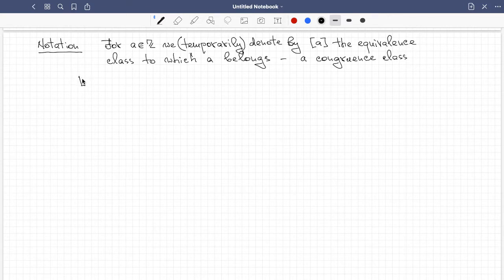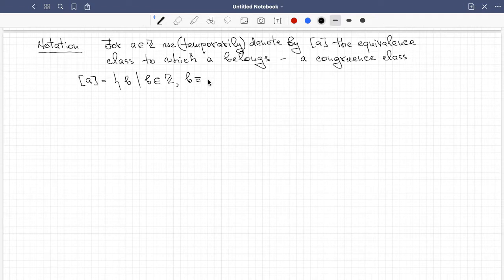Thus, we have that [a] is a set of integers, such that every integer in this class is congruent to a, by the definition of what an equivalence class is: all elements in relation with a.